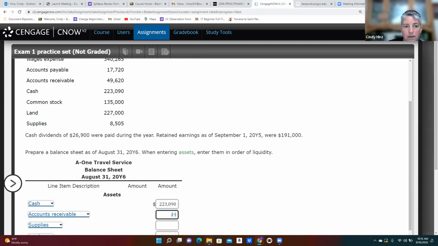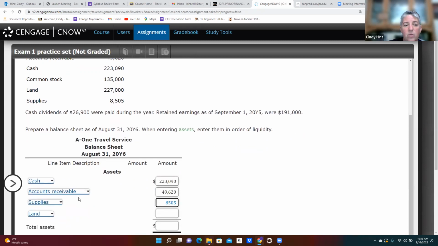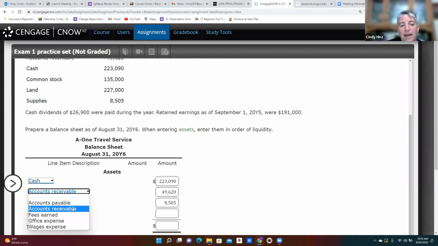Now normally our templates give us a little bit of a hint about which order. Looking at accounts receivable and supplies, I would probably put accounts receivable first because it's more of a financial asset. I would probably put that higher than supplies, but that's not immediately obvious. But you'll notice that the template didn't give us an option of putting supplies second.